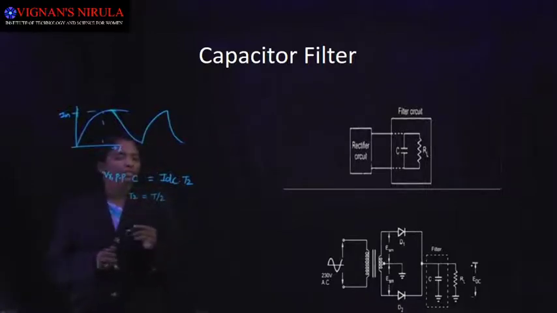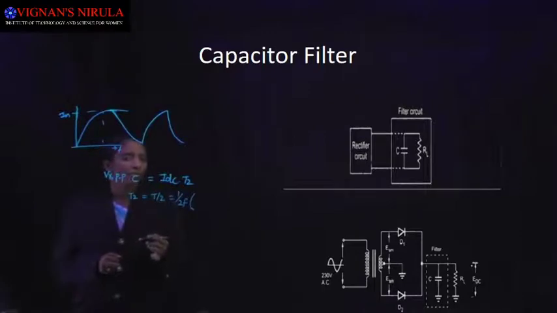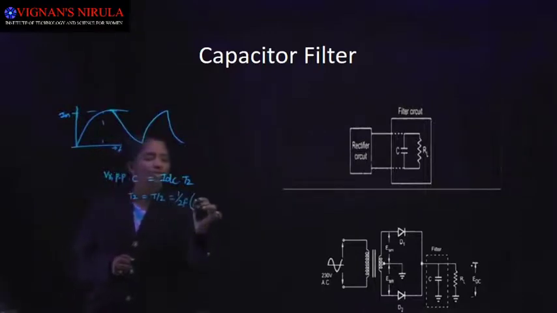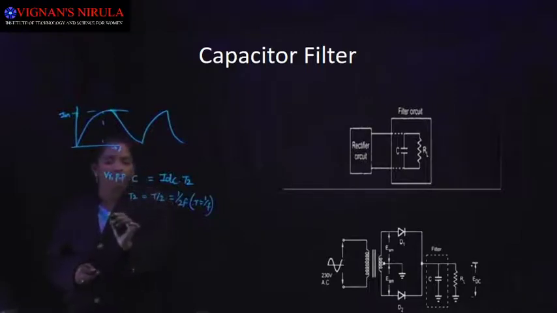T2 equals T by 2, and we can write it as 1 by 2F, because the time period is inversely proportional to frequency, so T equals 1 by F. Substitute the T2 value in the equation. So VR peak to peak into C equals IDC divided by 2F.